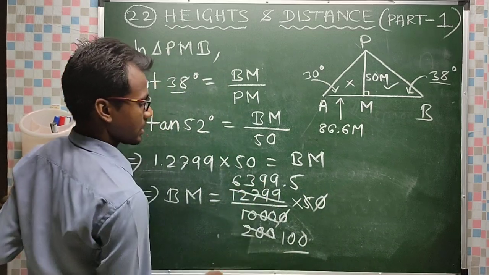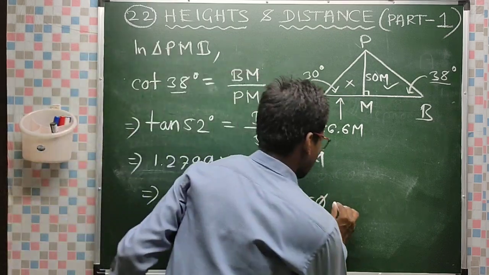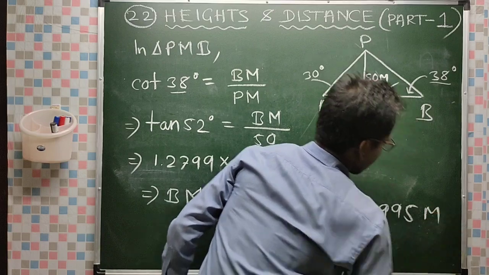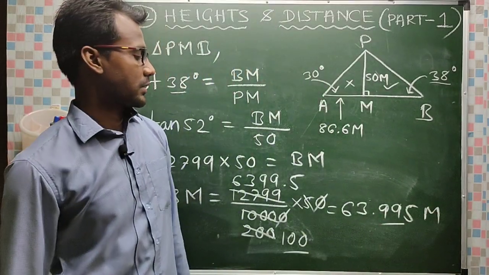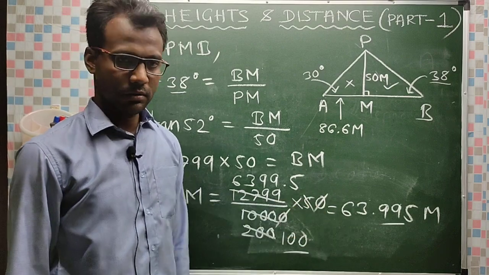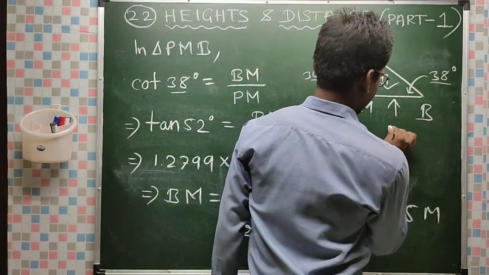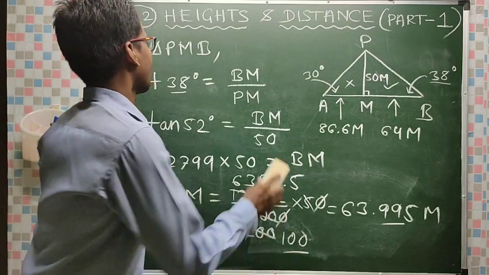6399.5 by 100. That will become 63.995. Okay, it is equal to 63.995 meter. We round up to 2 decimal places, and we will get 64 meter. Okay.